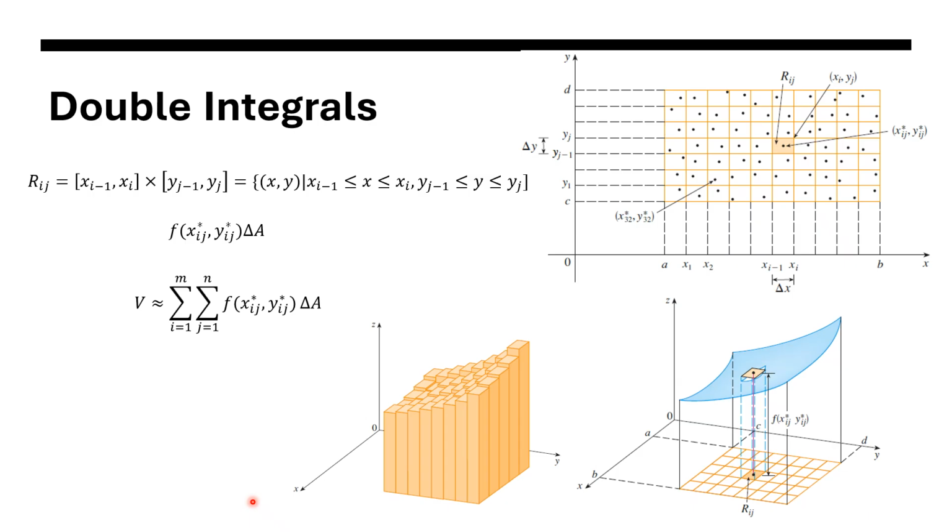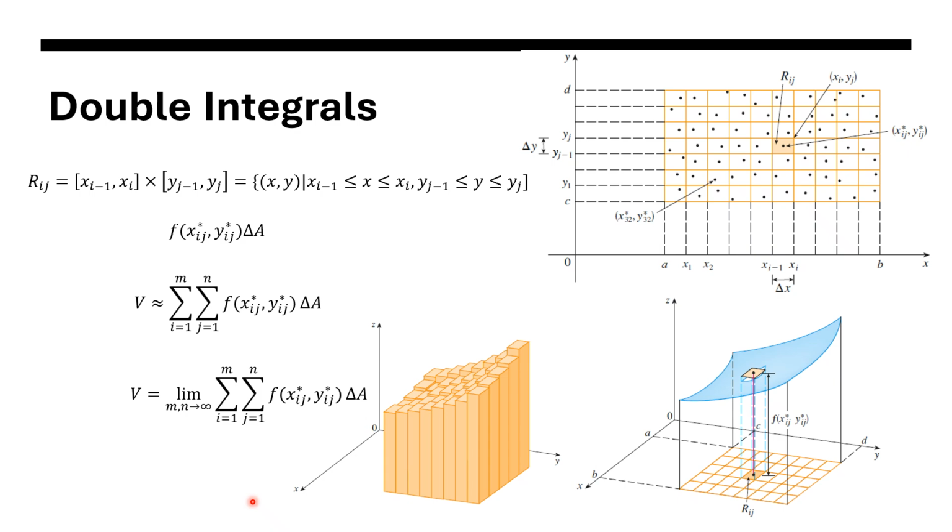So this double sum means that for each of the subrectangles, we evaluate the function at the chosen point and multiply by the area of the subrectangle, and then we add the results. With that, we have this volume.